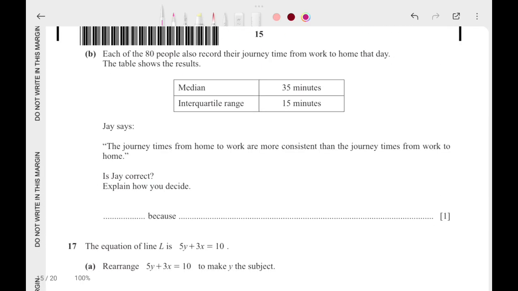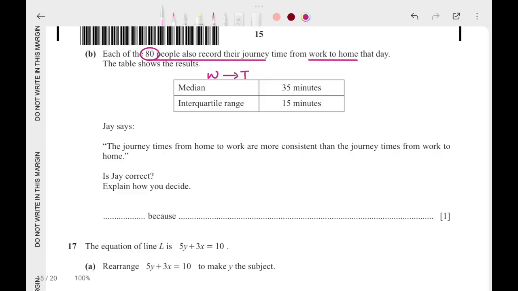Next question. Each of the 80 people also recorded their journey from work to home that day. So this table is showing from work to home, and there are 80 people as well.